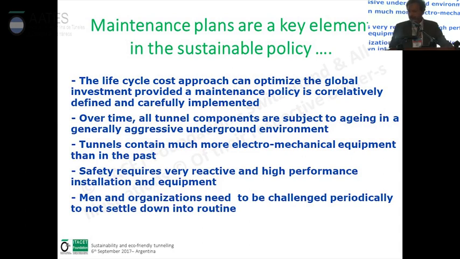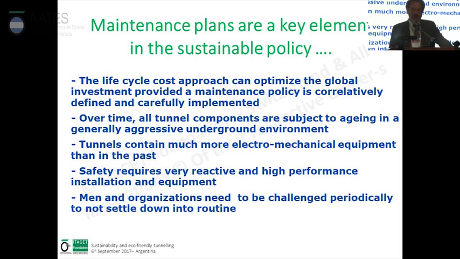And so, maintenance plans are a key element in the sustainable policy. We have seen that the life cycle cost approach can optimize the global investment, but provided that the maintenance policy is clearly defined and carefully implemented.